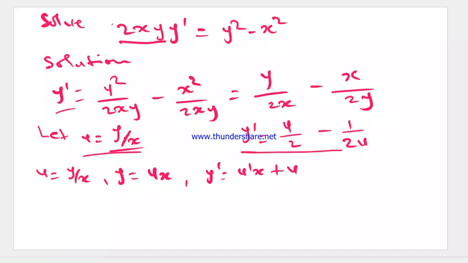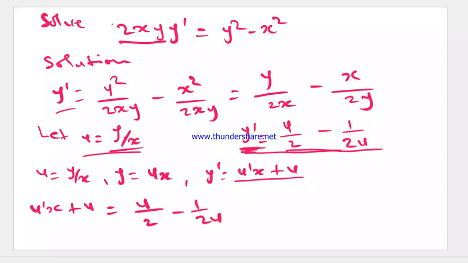So now let's substitute the y prime here. It means u prime x plus u equals this expression here, which is u over 2 minus 1 over 2u.